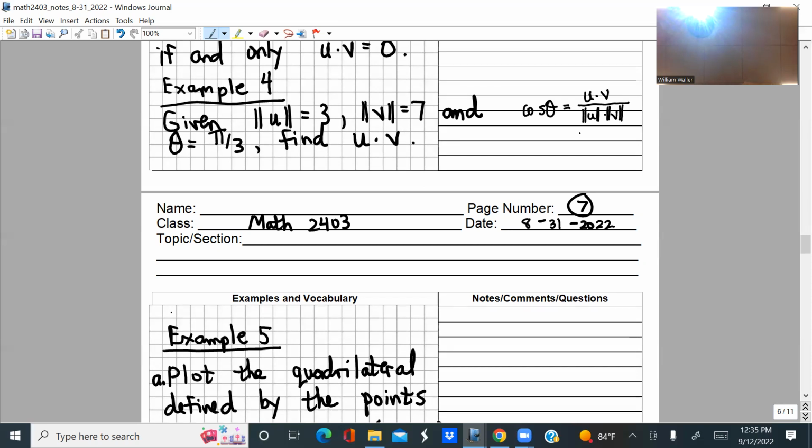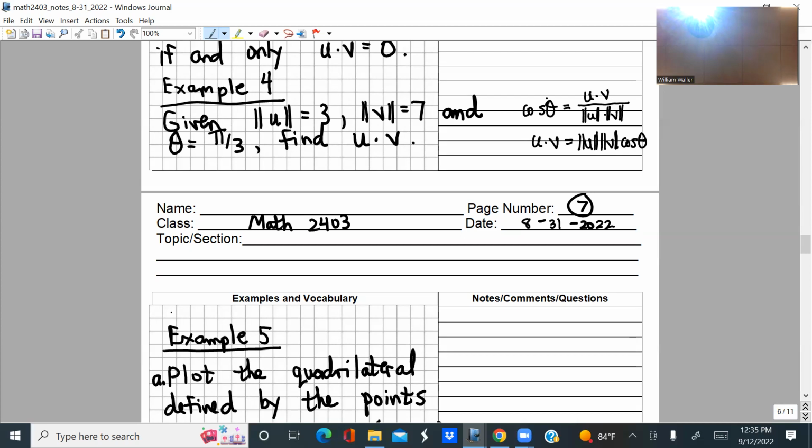But if you multiply both sides by this denominator, this product of the magnitudes, you get that. Then I'm going to rewrite things a little bit, and you get that the dot product is the product of the magnitudes times the cosine of theta.